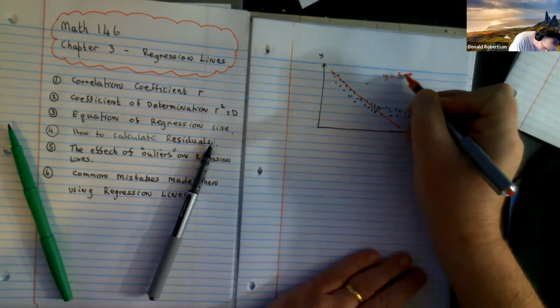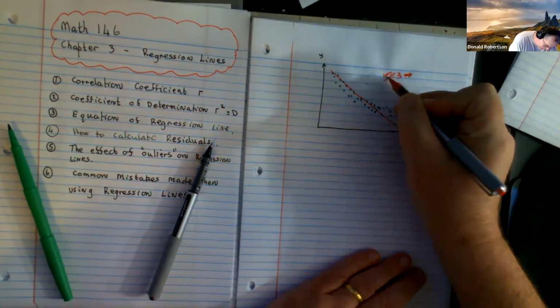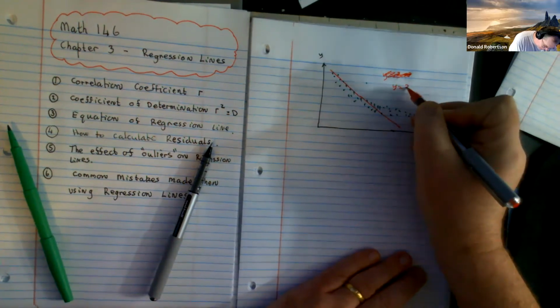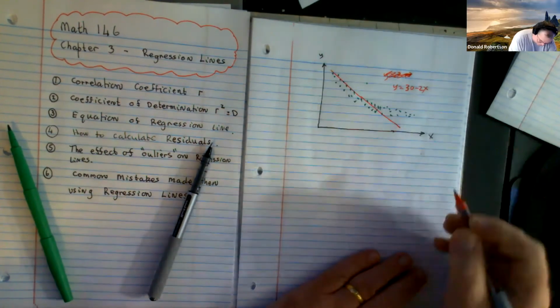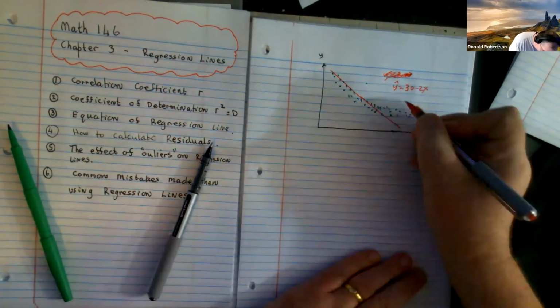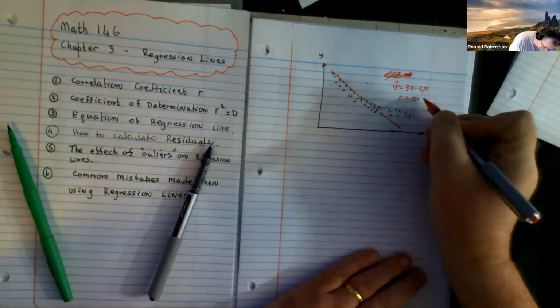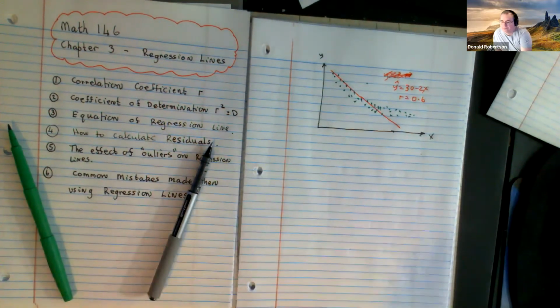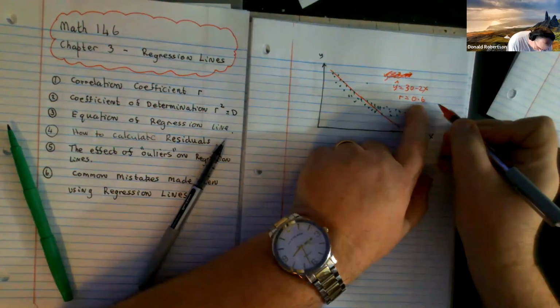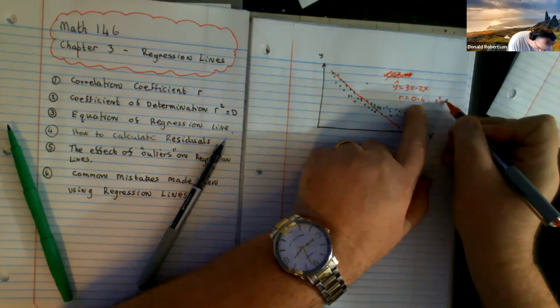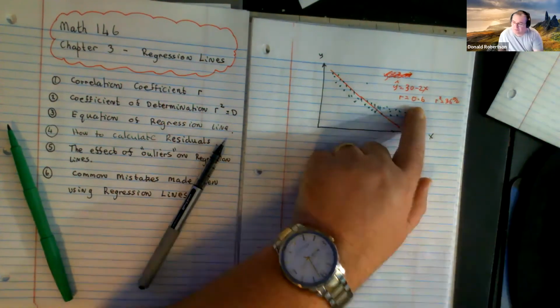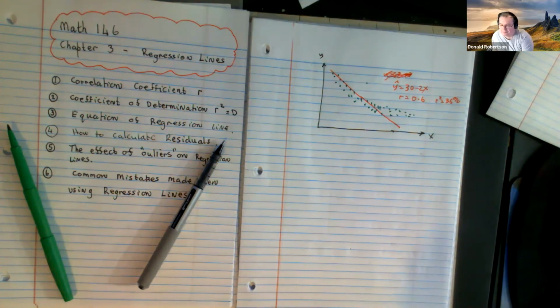Oops, that'll be a negative, won't it? So let's try that again. It'll have an equation like that, and it'll have an R value. Maybe that. By the way, 0.6, isn't that just 36%? Not a great fit, but of course it's not.